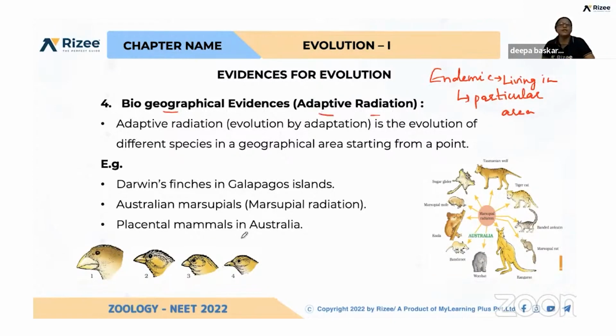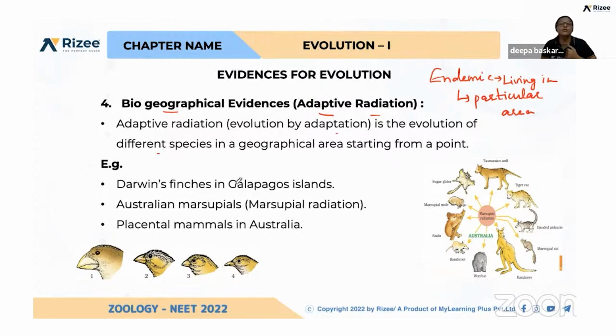First one is adaptive radiation. Adaptive radiation means evolution by adaptation. Adaptation is needed because the situation is not the same. If you compare the temperature, pollution levels, number of trees, oxygen level and ozone depletion now with 50 years before, everything is changing day by day. So adaptation is needed for each and every organism. That is the evolution of different species in a geographical area.